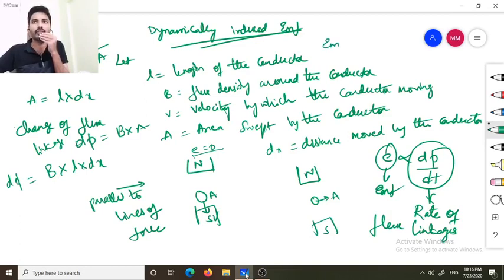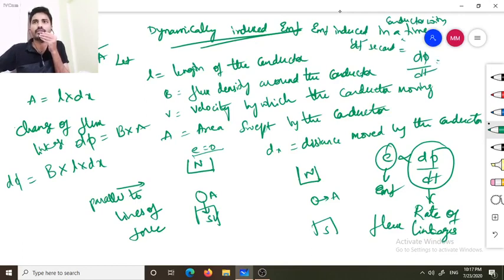the EMF induced in a conductor in a time dt seconds, considering dt seconds, is d phi by dt, where d phi is equal to B into L into dx from this equation.